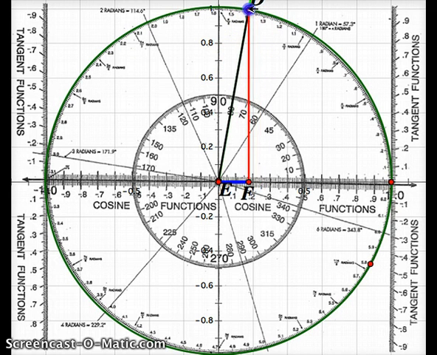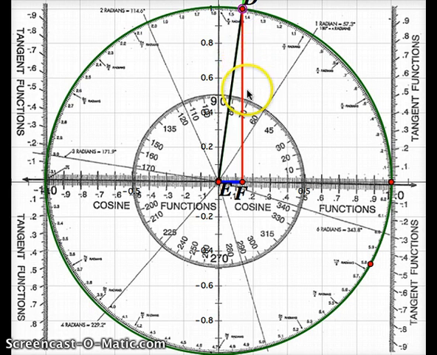And notice also that the red line is approaching 1, but the blue line is approaching a very, very small number, 0.1, right? So that kind of gives you an idea of how the values work when you're trying to get your mind around sine, cosine, and tangent. I certainly hope that helped you out.